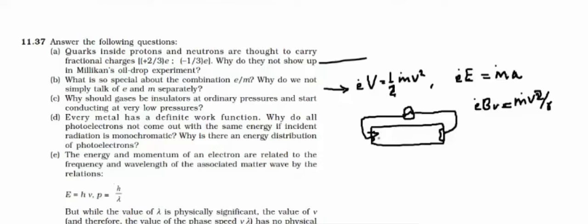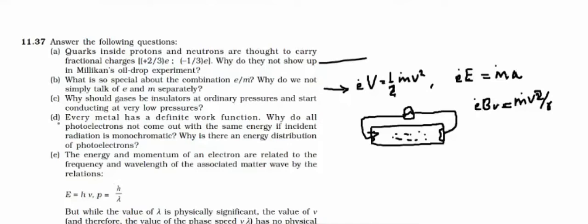But when the pressure is very low, the chance of collision inside will be very less. So there is a possibility an ion present here can reach the electrode, completing the circuit. But once the pressure is high, the chance is very, very less because of collisions. That's the reason at low pressure the gas begins to conduct.